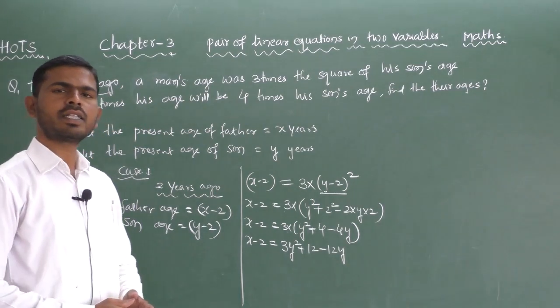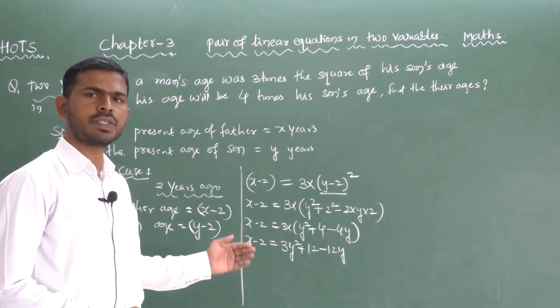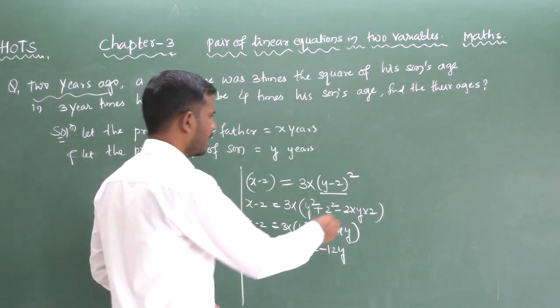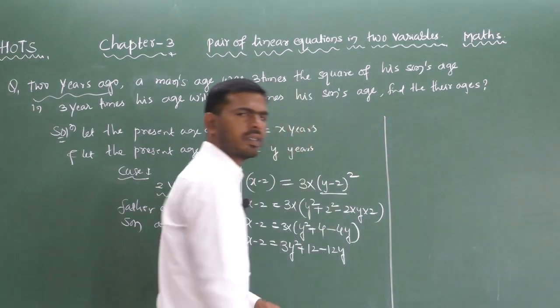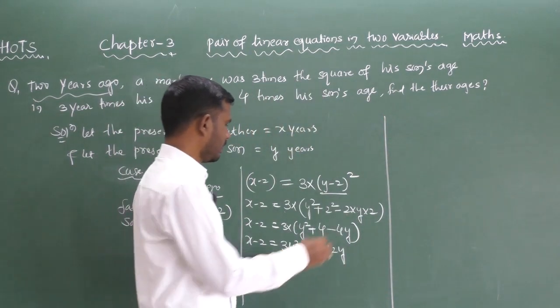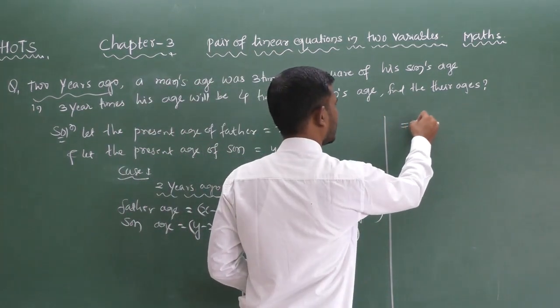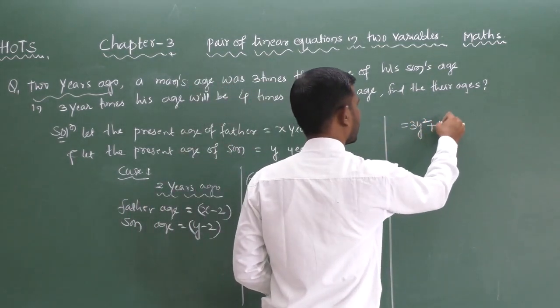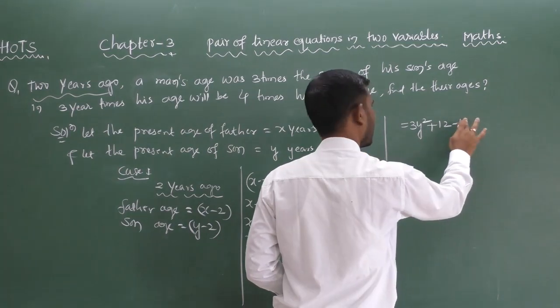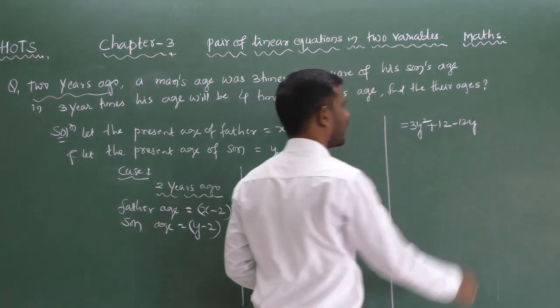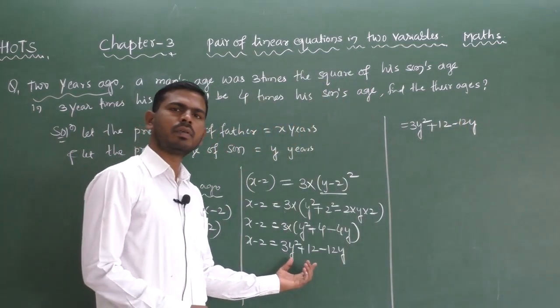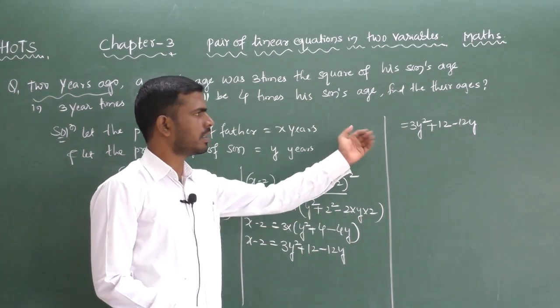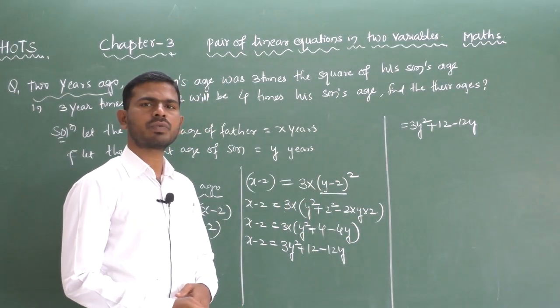Now we can write the general form of a pair of linear equations in 2 variables. The RHS term you can write as it is, that is 3y square plus 12 minus 12y.